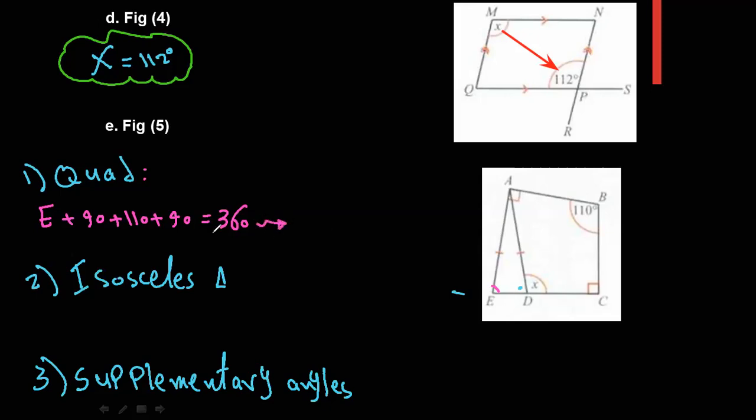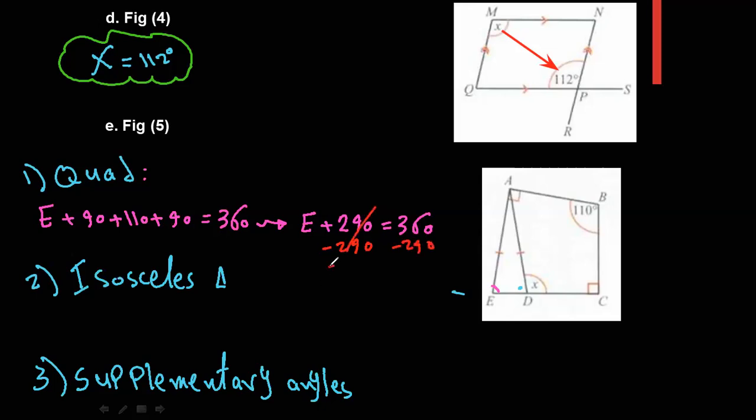Continue and solve the problem. E plus 90 plus 110 plus 90 is 290, so E plus 290 equals 360, and cancel 290 from both sides.